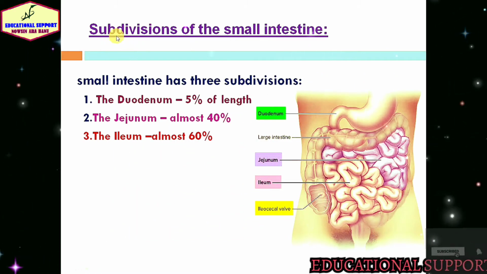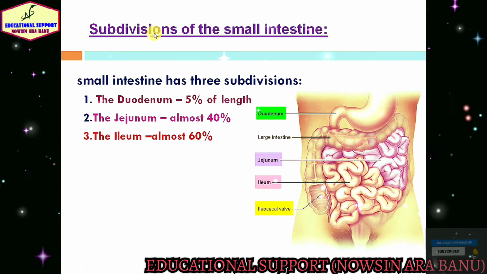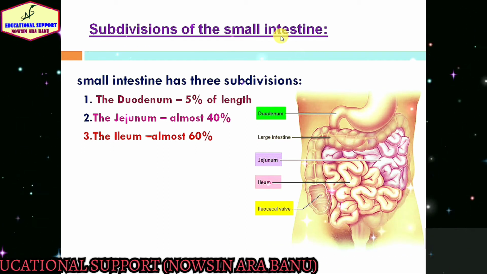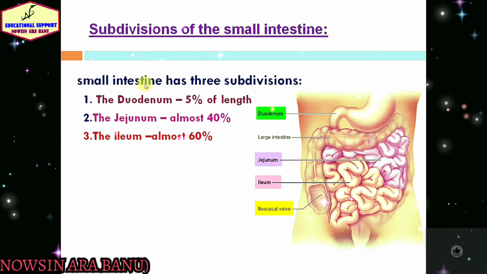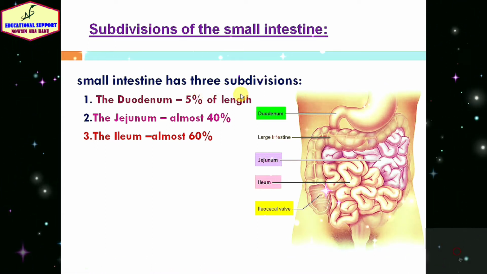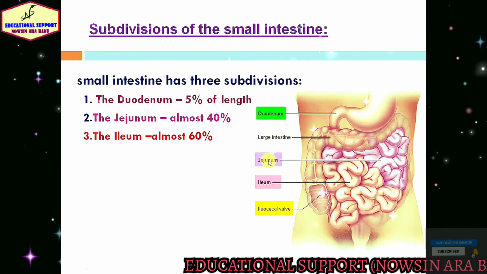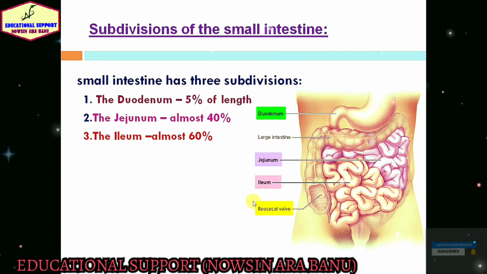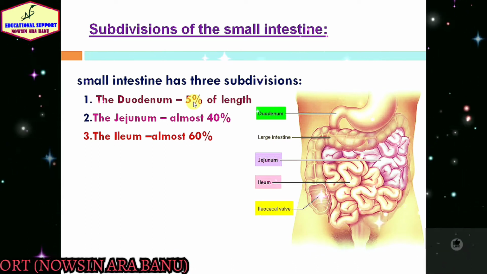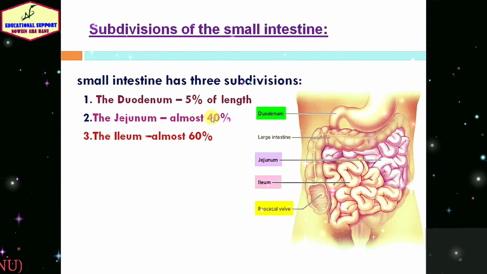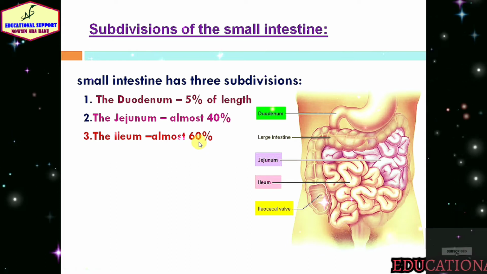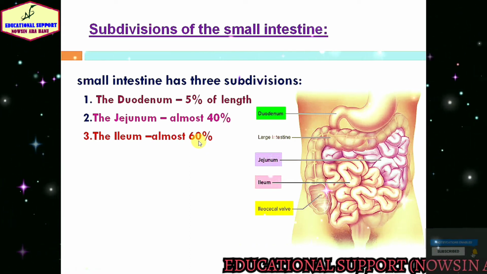Next, I am going to discuss the subdivisions of the small intestine. The small intestine has three subdivisions that are duodenum, jejunum and ileum, which contribute 5%, nearly 40% and almost 60% of the small intestine respectively.